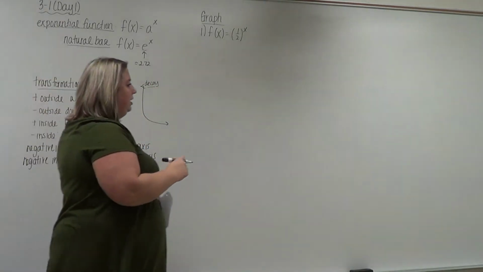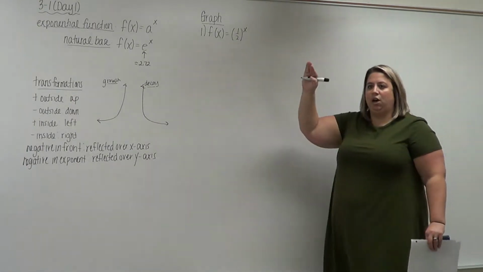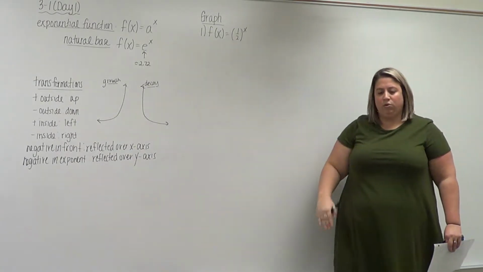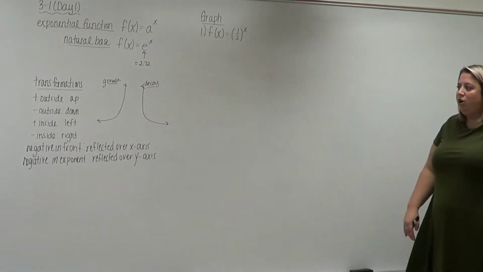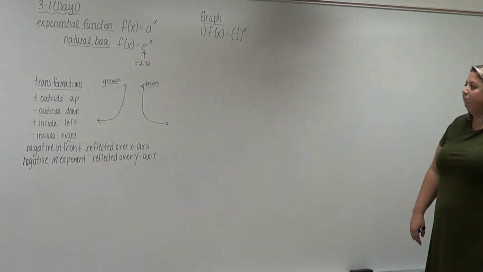Most of the time they're at 0, but you'll be able to tell when the numbers start getting smaller and smaller where it's going. You do not have to know whether it's growth or decay. Okay.